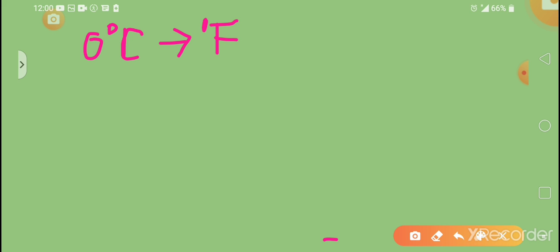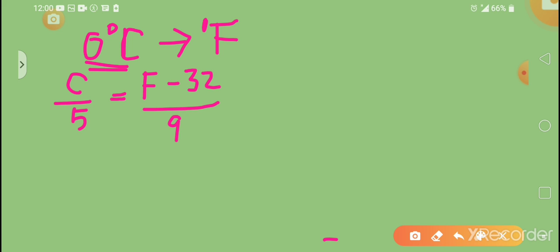Okay, so we know the equation, that is C by 5 is equal to F minus 32 by 9. Okay, then we can substitute the values. C means what? The temperature on the Celsius scale, that is 0 degree Celsius.